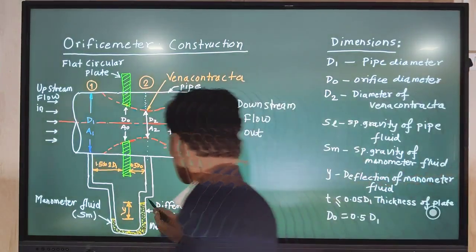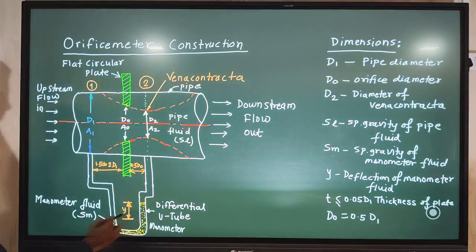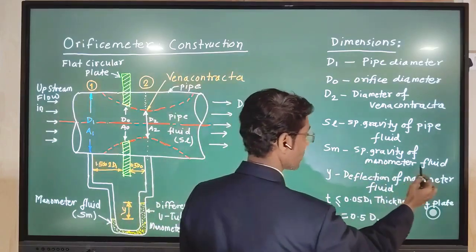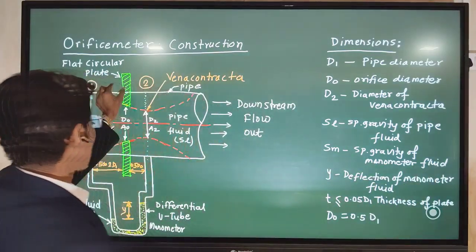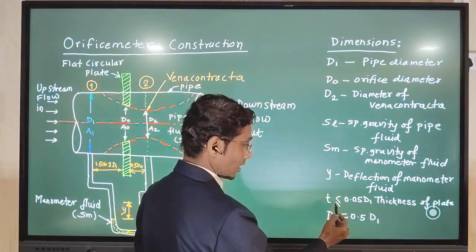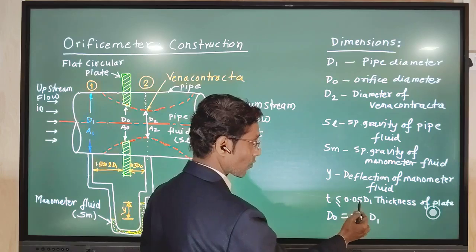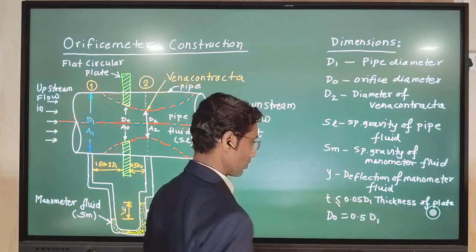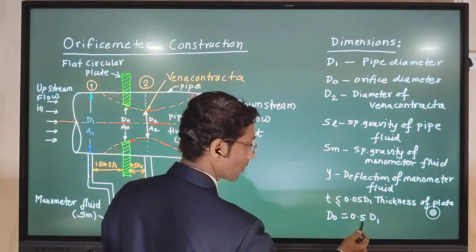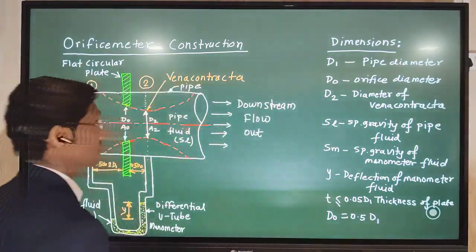The fluid used inside the U-tube manometer is called the manometer fluid. Its specific gravity is shown by the notation SM. The thickness of this plate is taken as nearly equal to 0.05 times the diameter of the pipe, and the orifice diameter is taken as half of the pipe diameter.